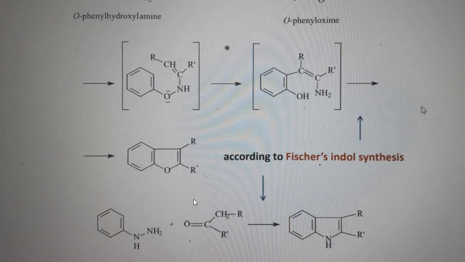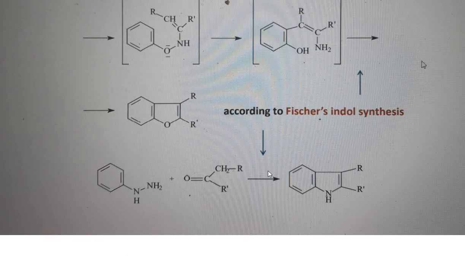And according to the Fischer indole synthesis, if you start from here and change this nitrogen with oxygen or oxygen with nitrogen, then you will get the substituted indole, benzopyrrole.